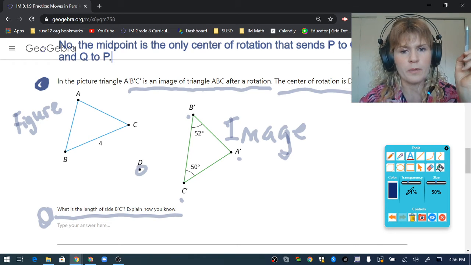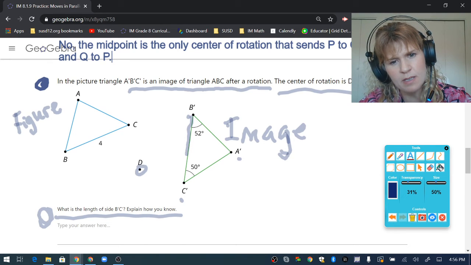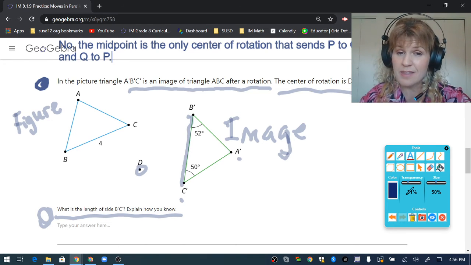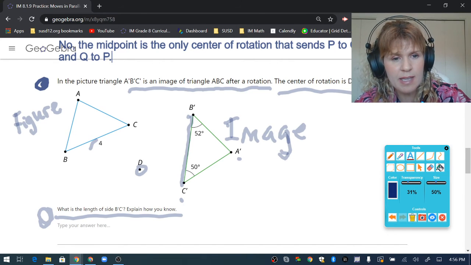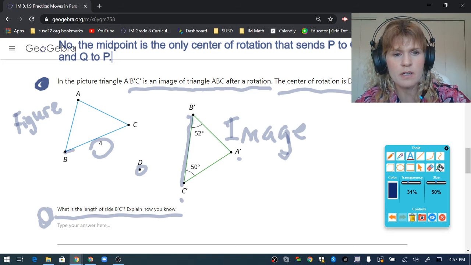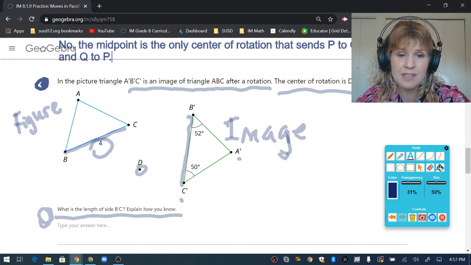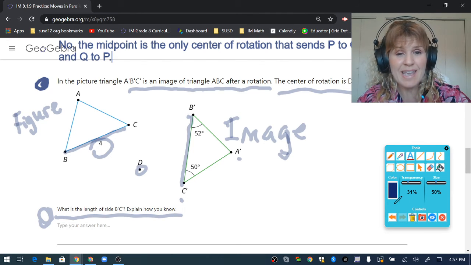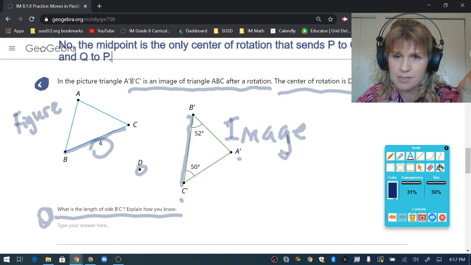Okay, the question says, what is the length of side B prime C prime? Explain how you know. B prime C prime is here. What is the length? How do you know? Well, look at this. It is labeled on the original figure. BC equals 4 units. Well, BC and B prime C prime are corresponding parts.